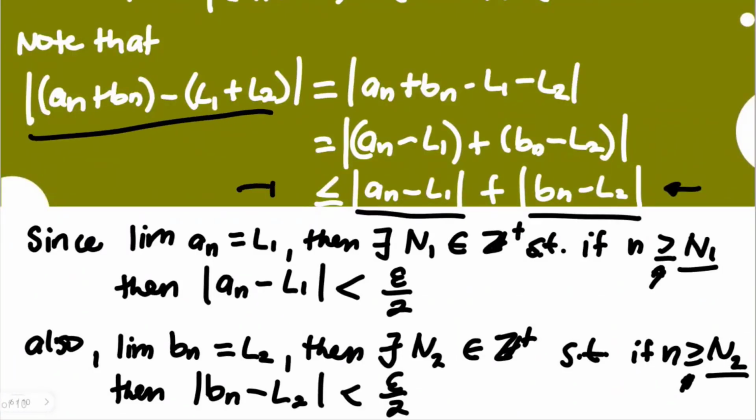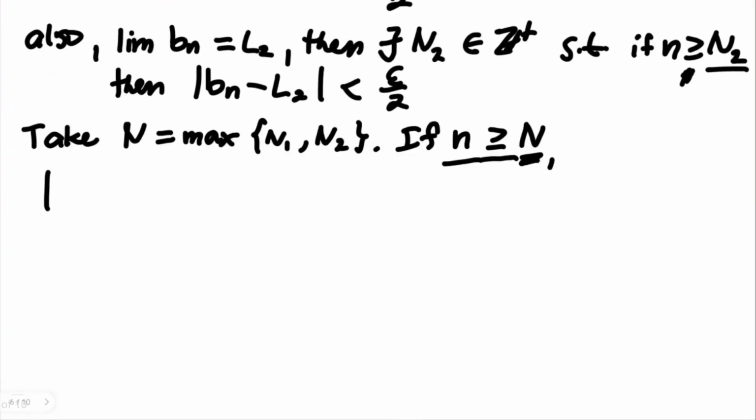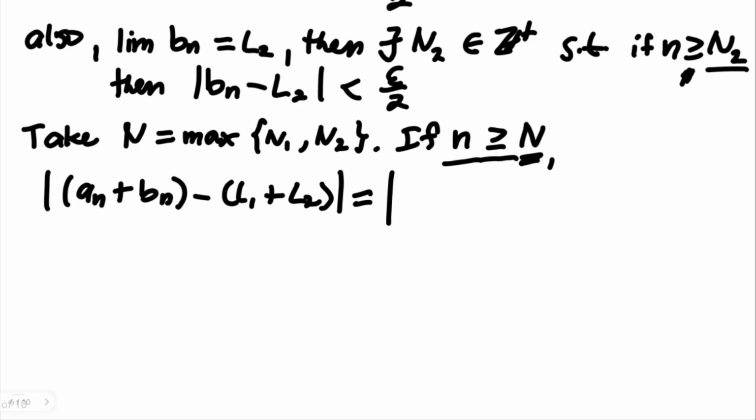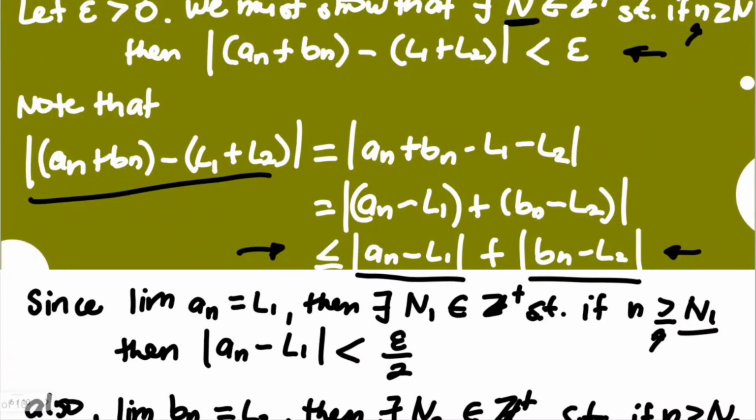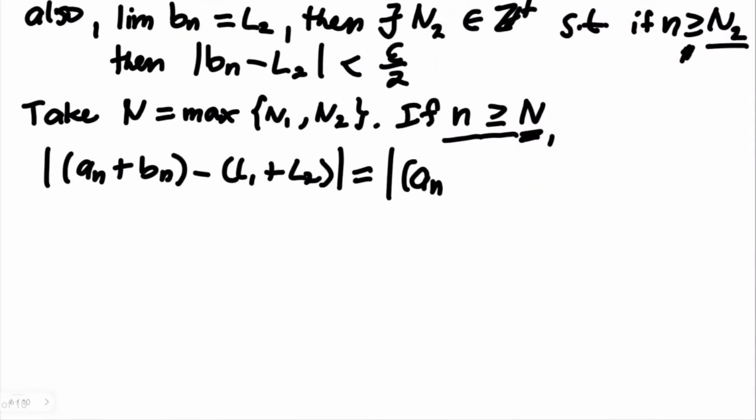You will have the original form, the absolute value of a sub n plus b sub n minus L sub 1 plus L sub 2. This is equal to the absolute value of, again, a sub n minus L sub 1 plus b sub n minus L sub 2. I will not be showing the rest, and proceed to this part immediately to show the triangle inequality.